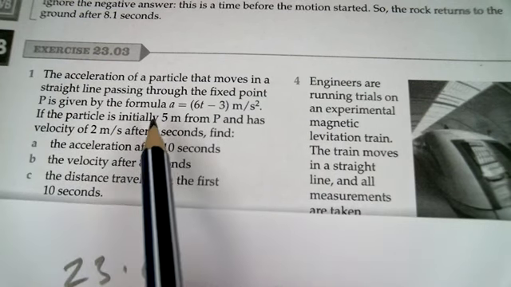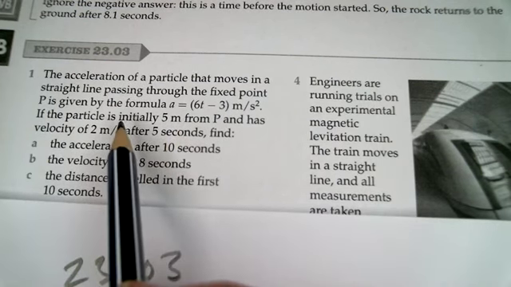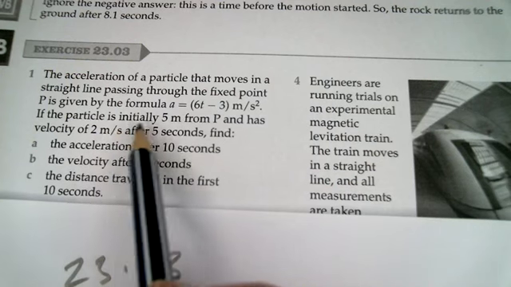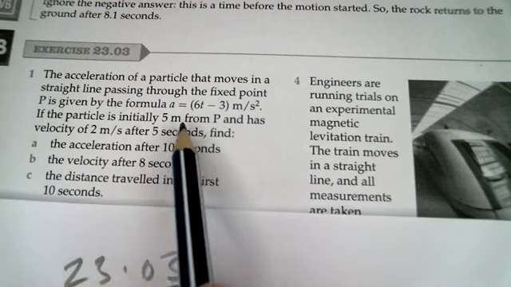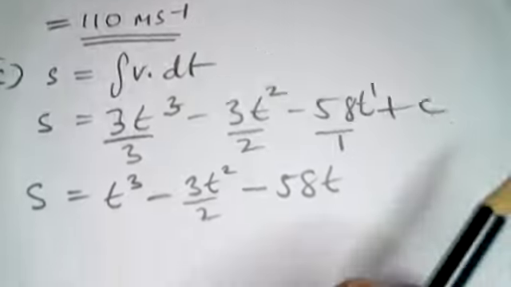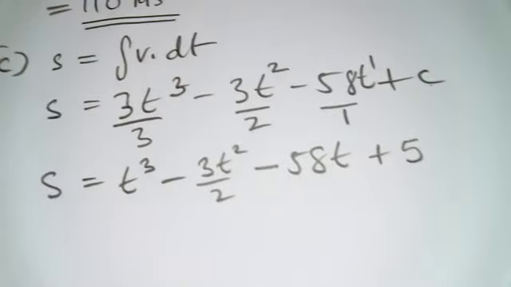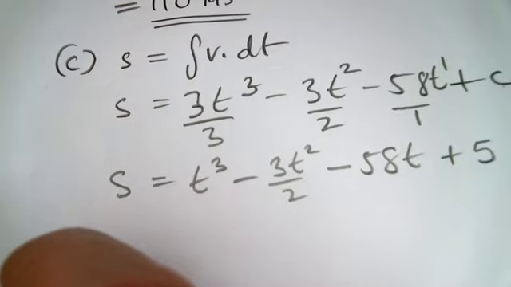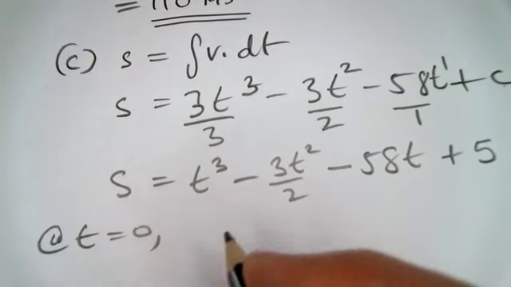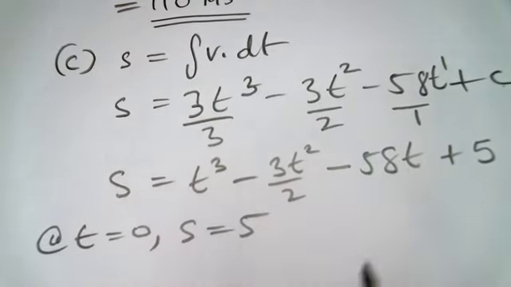So when time is 0, the distance, or S, will be initially 5 meters. So I'm going to tack on here the C value, which must be 5. You probably want to say that: at t equals 0, S equals 5. I think that's a reasonable thing to do. So there is now our equation.